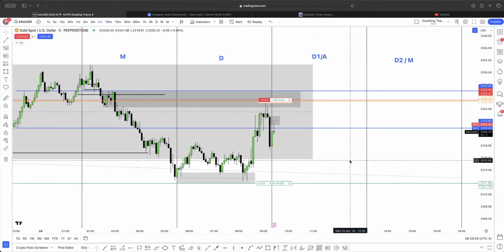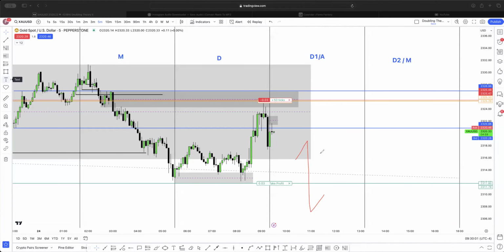What's turtle soup? Taking out a high or taking out a low of a high liquidity dealing range. What's that? That is a range like this. 1 order block, 2 order block, 3 order block, 4 order block, high, low. Take out the high, take out the low.